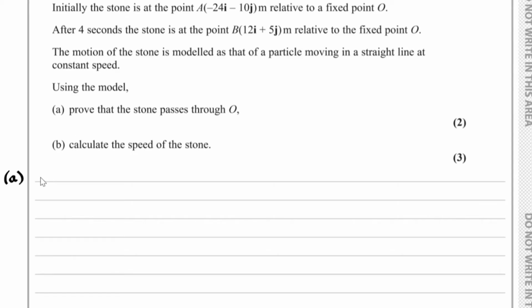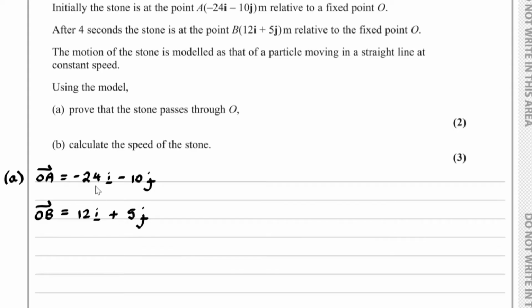Well, we know so far OA is equal to minus 24i minus 10j. And we know that OB is equal to 12i plus 5j.